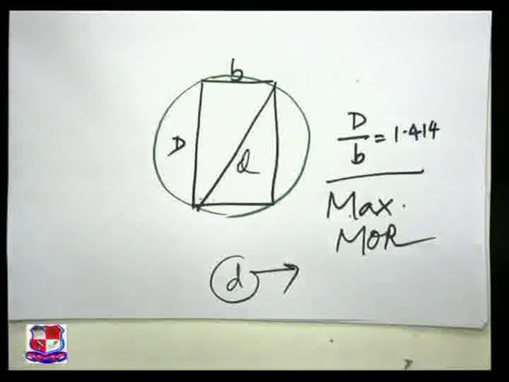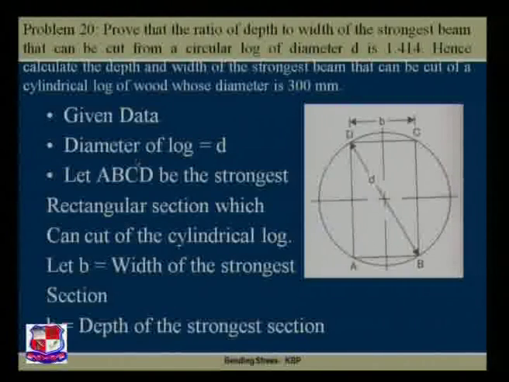Now, given data: diameter of log small d. Let ABCD be the strongest rectangular section which can be cut from the cylindrical log.